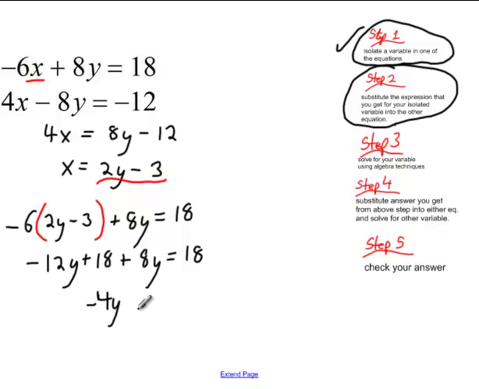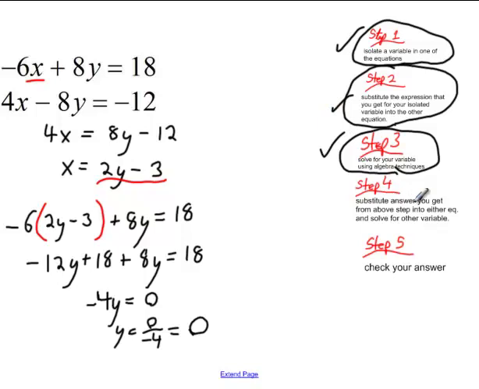And I'm going to subtract my 18 from both sides, so 18 minus 18 is 0. Now I'm going to divide by negative 4, so that gives me y is equal to 0 divided by negative 4, which, 0 divided by any number is equal to 0. A lot of people get mixed up here and they say no solution, but that's only if the 0 is on the bottom. Since the 0 is on top, we're fine. And we get our answer is 0. Okay, so step 3 is done.